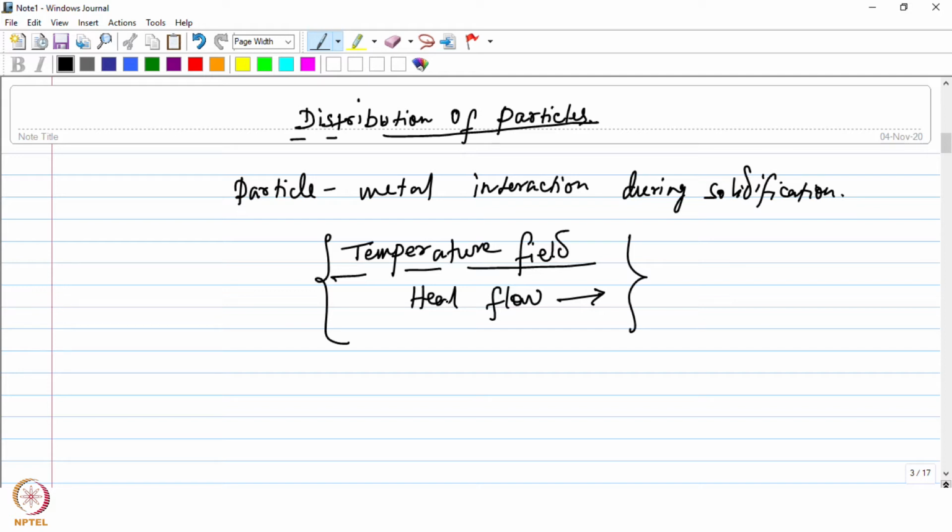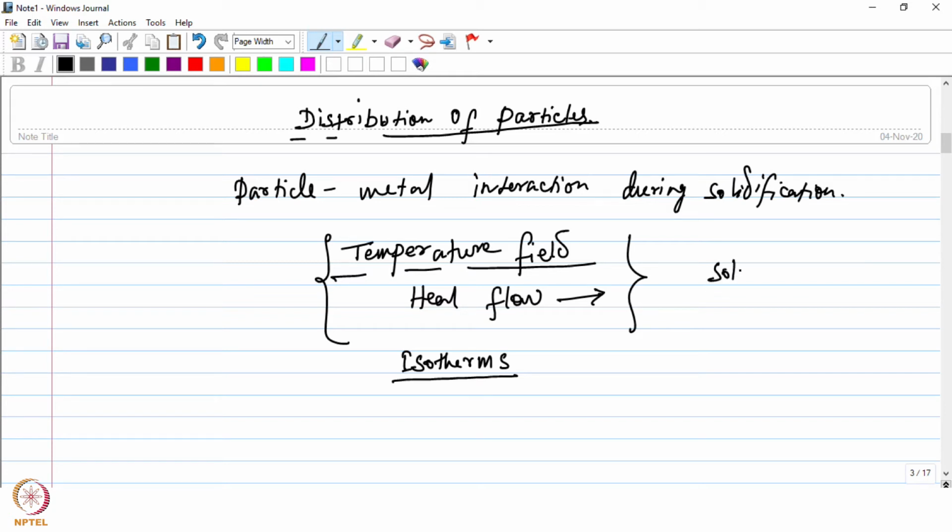Okay. So how this temperature field will vary, if you need to see that, you'll have to look at the isotherms, the temperature isotherms, especially the isotherms of the melting point of the matrix material. So when you extract the heat, the solid phase will form.